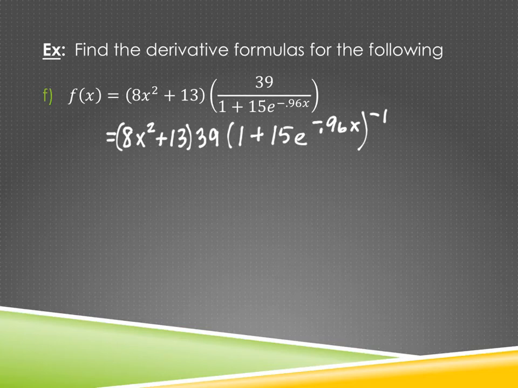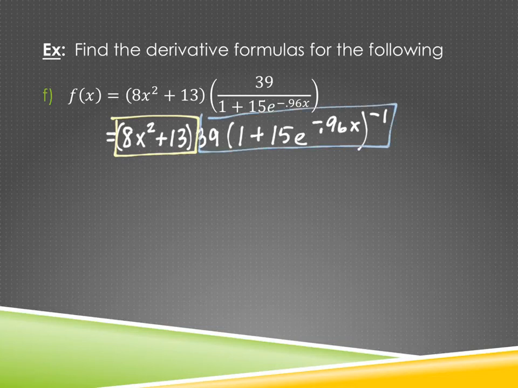We have one piece here, and we have our second piece here to deal with. Okay, so our derivative rewrites our first piece. You can always start the problem. Now we need the derivative of 39 times 1 plus 15e to the -0.96x to the -1.